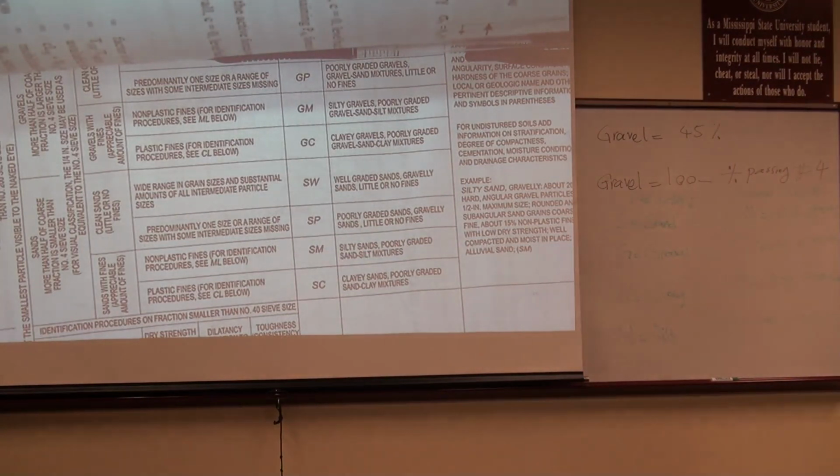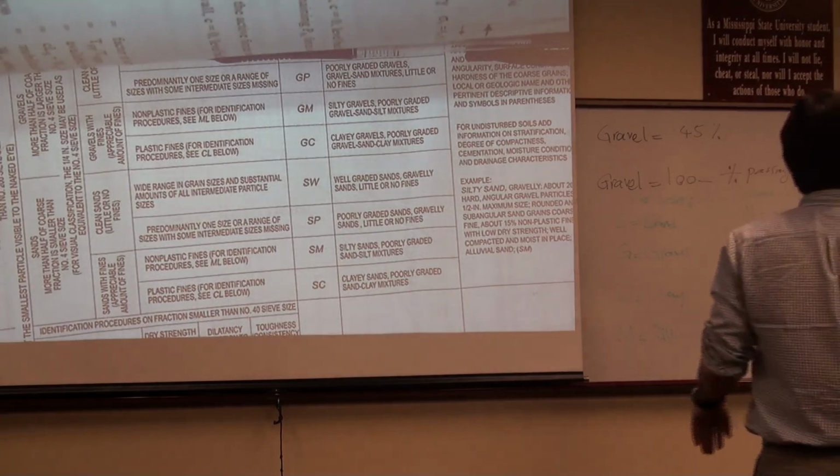It shows us how wide the particle size distribution is. If the particle size distribution is narrow, we call the soil poorly graded, because we want our particle size distribution to cover a wide range.